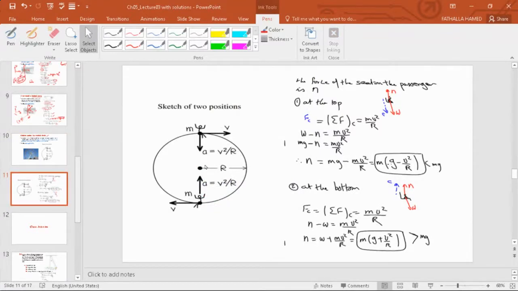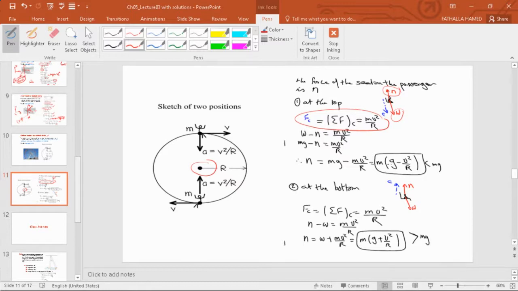Remember, the net force is going toward the center of the circle. So always the net force will equal mv squared over r. Now if you look at the top, you will have the weight down. You're sitting on a seat, and the seat is pushing you up with a normal force.